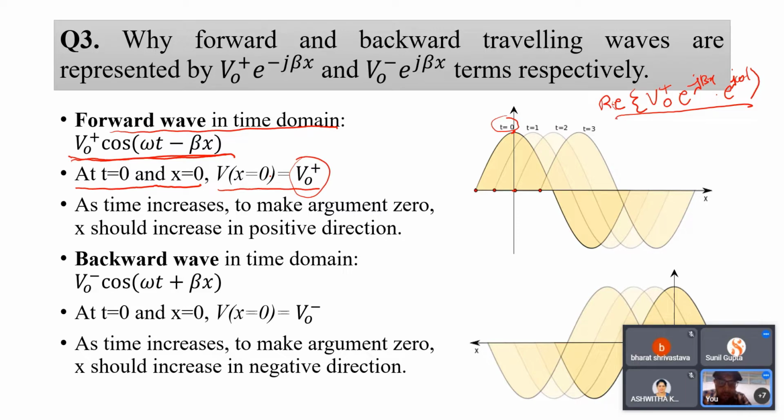As time progresses, to keep this argument at 0, x should also be increased in the forward direction so that the voltage can be traced. As time progresses, x should progress in the positive direction such that this argument will be zero. So that's why this term is considered a forward traveling wave.